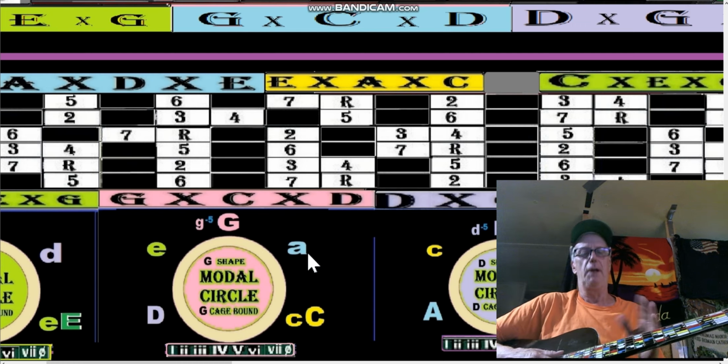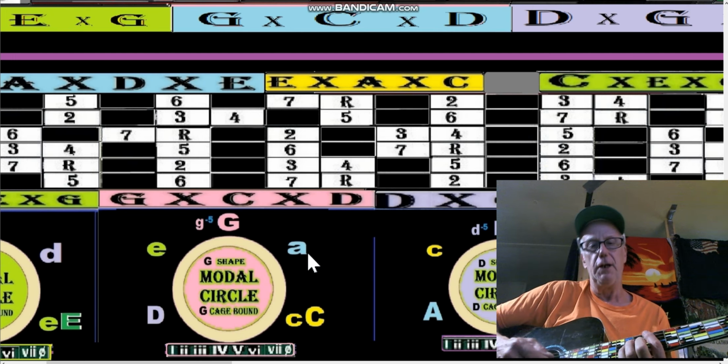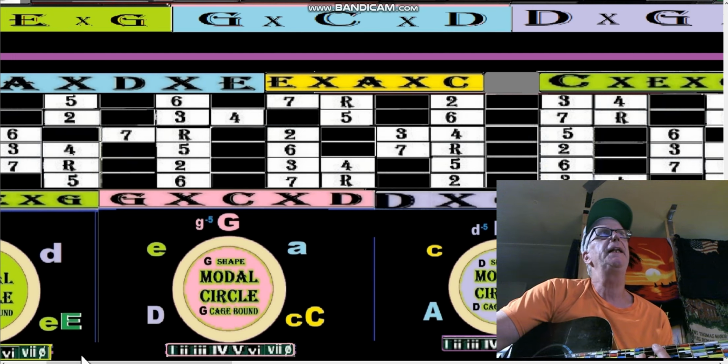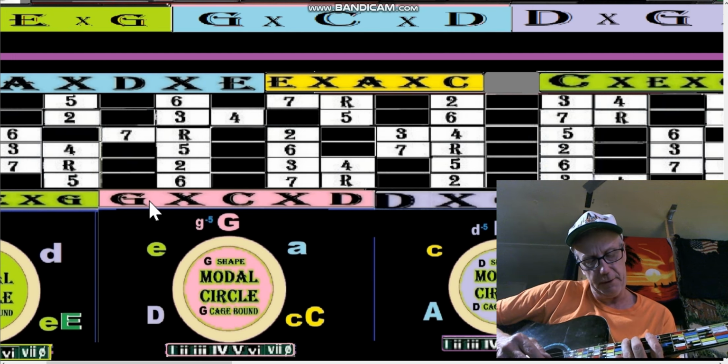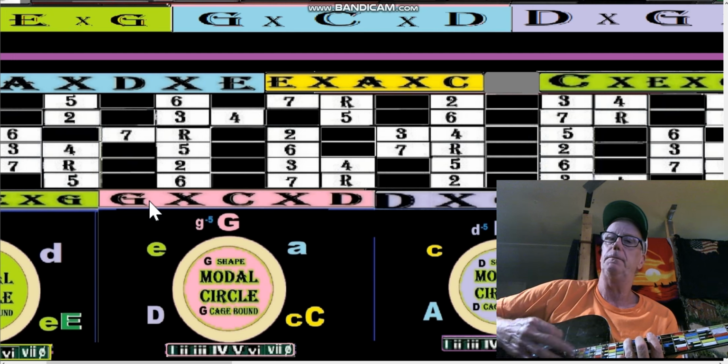Okay, so that works pretty much. You can always put it off of any of these guys. So it could be the G shape, it could be the G shape root.